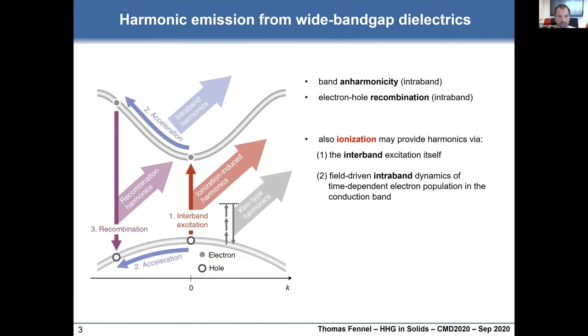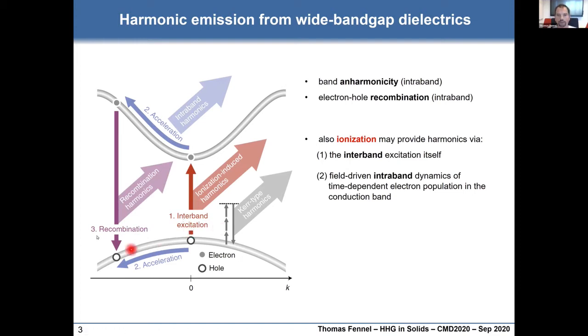So in a sense, to summarize a little bit the picture, we have strong evidence that there are important contributions from the intraband mechanism, which mostly is driven by the anharmonic motion of electrons being driven by the field through the conduction band and the valence band, that the holes are driven.